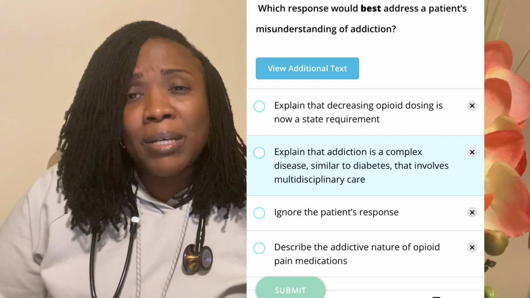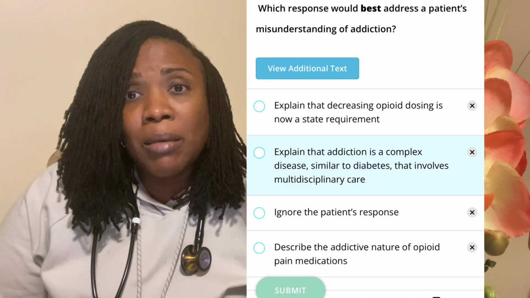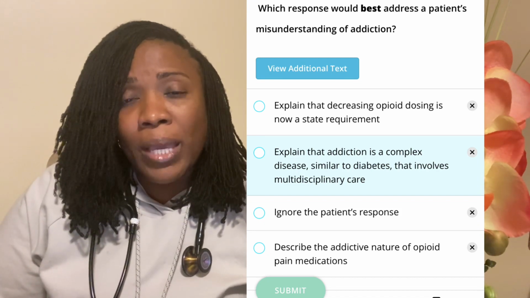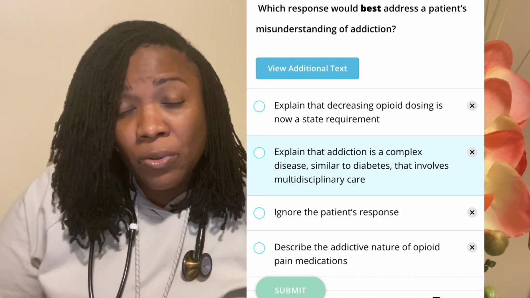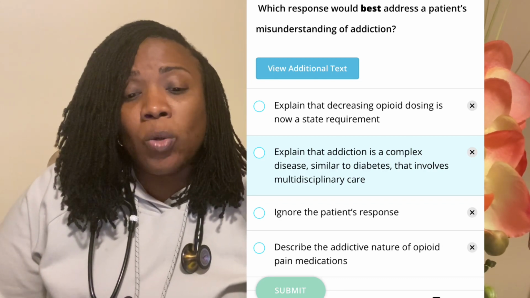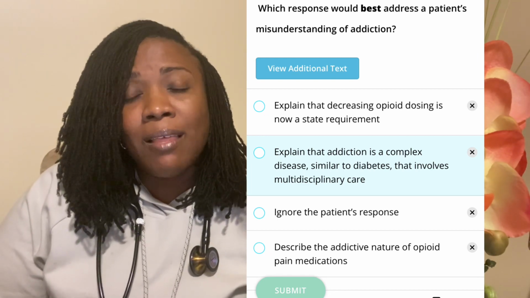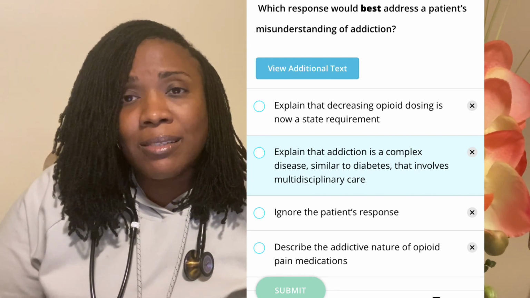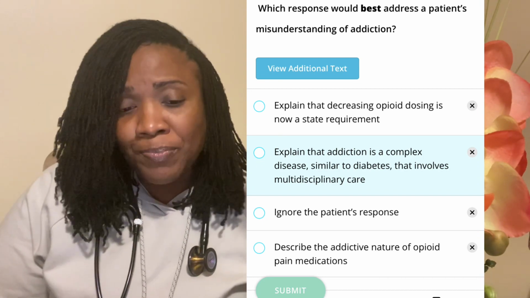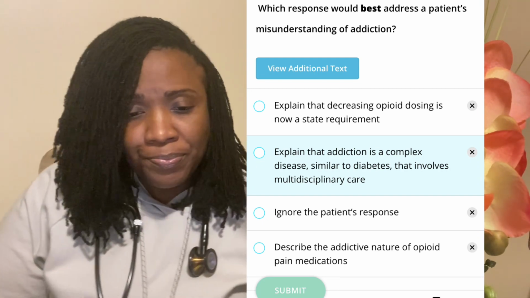Now that patient has become dependent on the medication, which put them in an addictive state. So we as the provider are now responsible for weaning that patient off of the medication. So explaining that it is a complex disease, like other complex chronic diseases similar to diabetes, is important. But I do want to see the other options so I can compare the two.